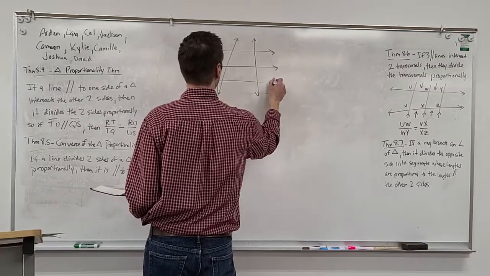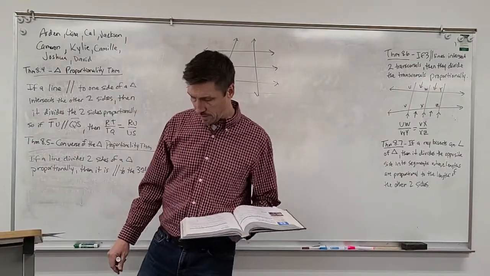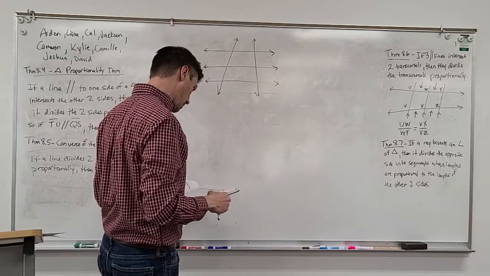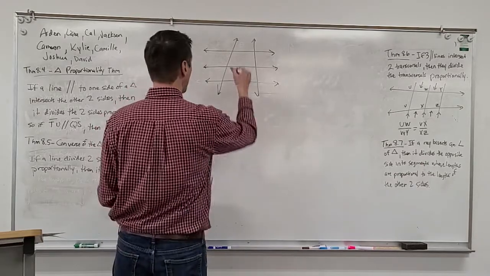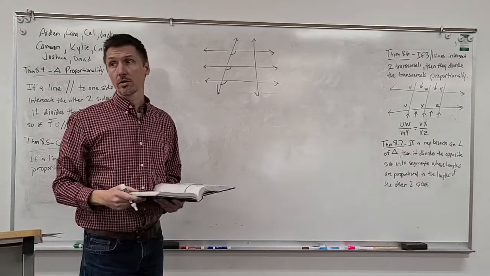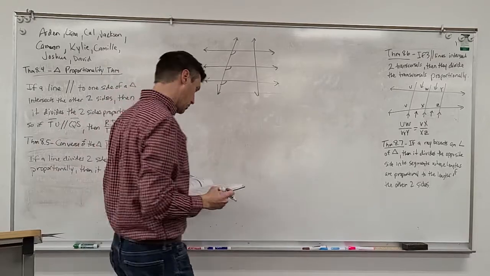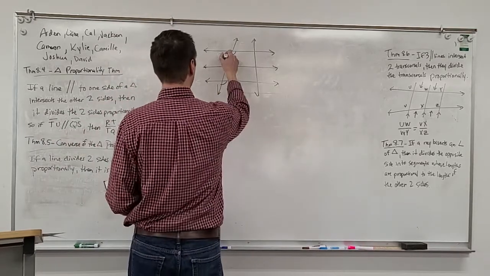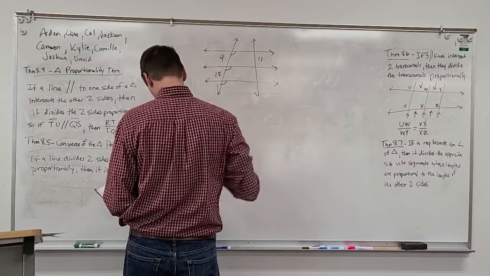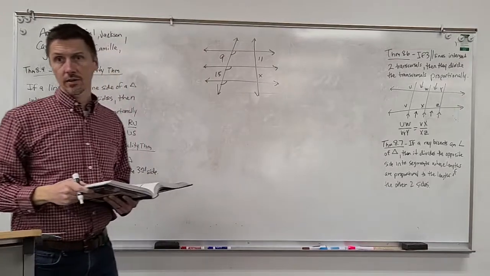What's a little different from the way our theorem is stated is that they don't tell us that these three lines are parallel, but they tell us that these angles are all the same. And because those angles are the same, we know that those three lines are parallel. I'm just going to write the values down here. We've got 9, 11, 15, and they want us to find, I'm assuming, TU. So we're just going to label that X.